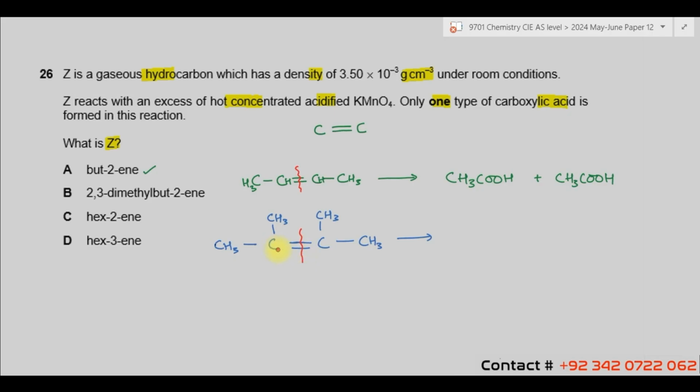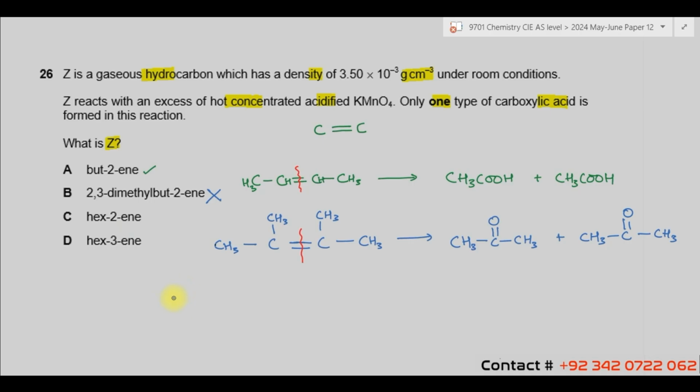Now we have this double bonded carbon which is attached to alkyl groups, so this kind of carbon converts into ketone. So we have CH3, C=O, CH3. The other product will also be similar, CH3, this carbon will be bonded to oxygen and CH3. So it does not make any carboxylic acid. This is wrong. Third part is hex-2-ene.